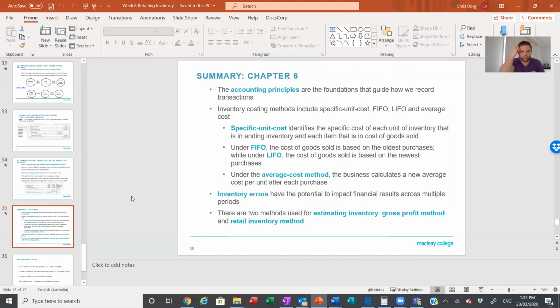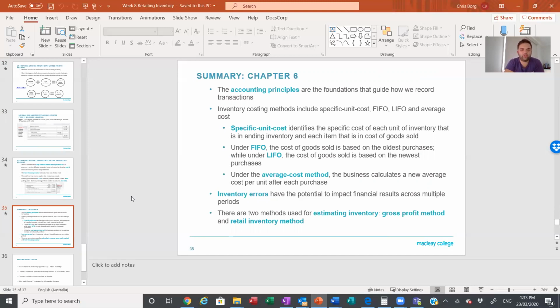So summarising the chapter that I've given to you in a review today, we are using accounting principles as the foundations that guide how we record the transaction. So do we use the FIFO method, the LIFO method, or the average cost? The methods are the specific unit cost method, FIFO method, first in, first out, LIFO method, last in, first out, and average cost method, which calculates a new average cost per unit after each purchase.